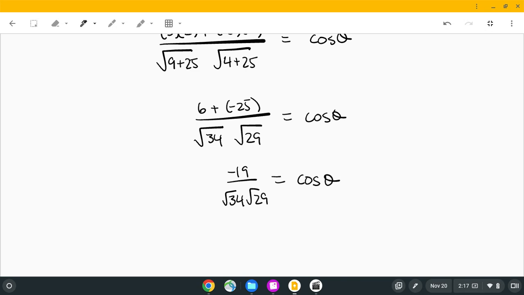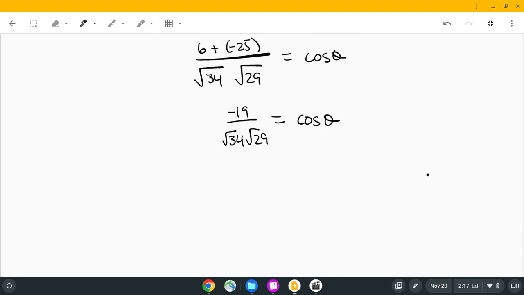So if I do the cosine inverse of negative 19 over square root 34 times square root 29, then I end up with 127.2 degrees.